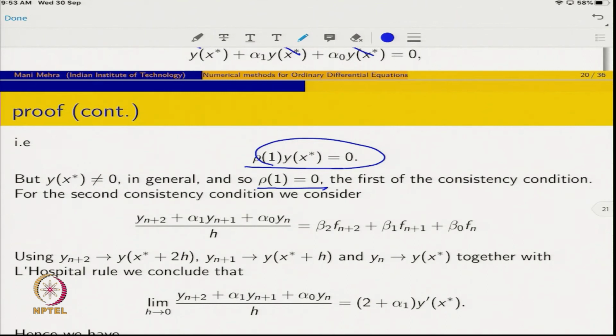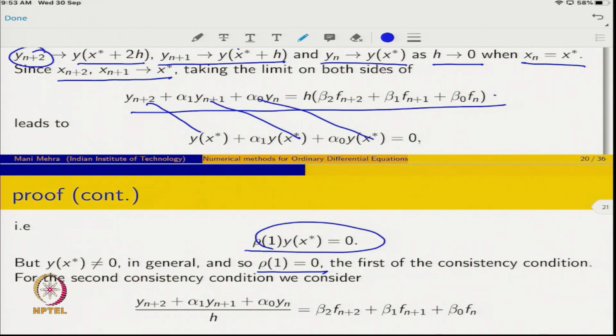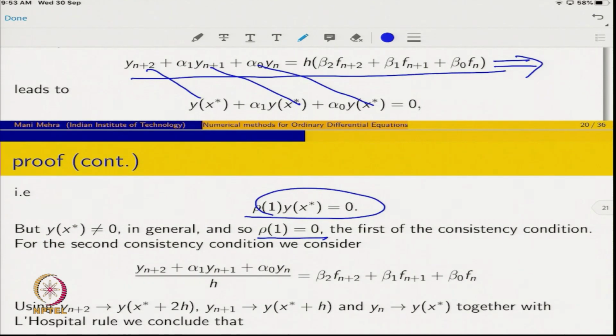For the second consistency condition, we are rewriting the same difference equation in an alternative way. We are dividing by h. So, this becomes this.